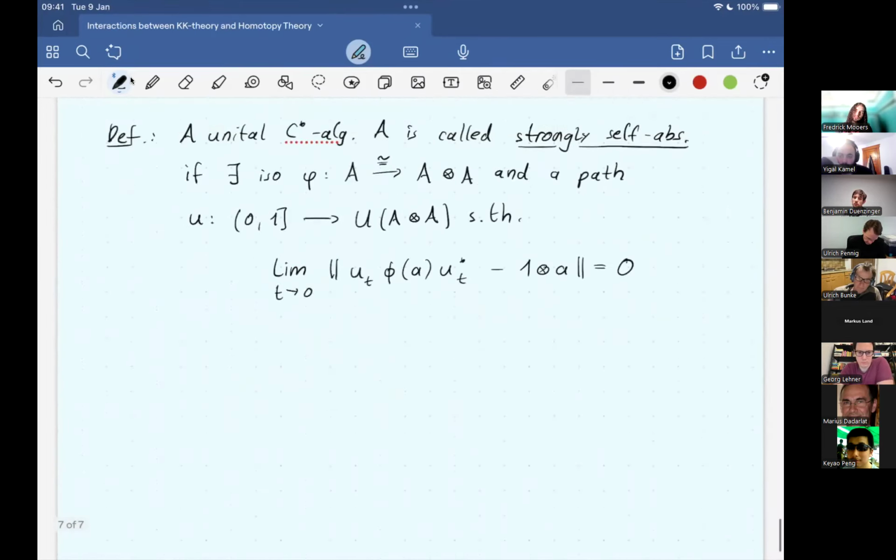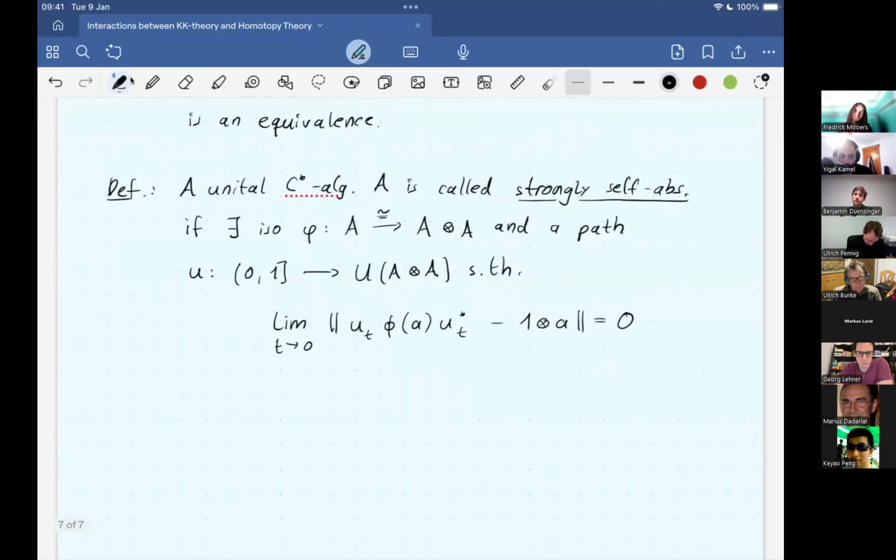And so how on earth is this an idempotent object?